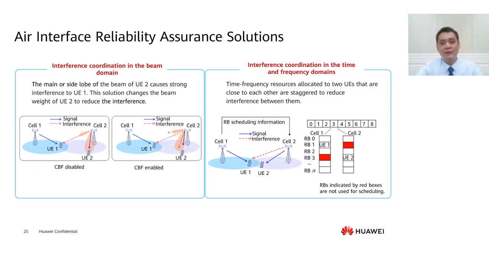When the solution of interference coordination in the time and frequency domains takes effect, cell 2 does not allocate UE1's specific RBs to UE2. In this way, the interference performance and spectral efficiency of CEUs are improved.